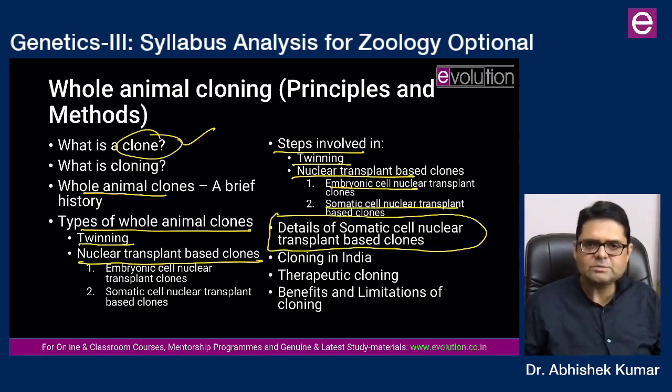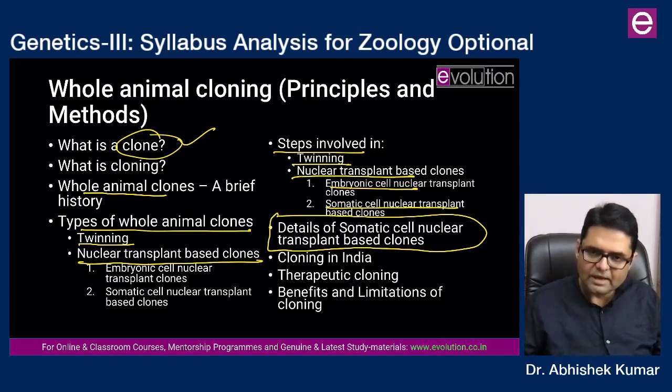Now it has become a little common technology, and a lot of labs, including labs in India, for example NDRI at Karnal and Kashmir University of Science and Technology, have carried out different variants of somatic cell nuclear transfer, and successfully so.